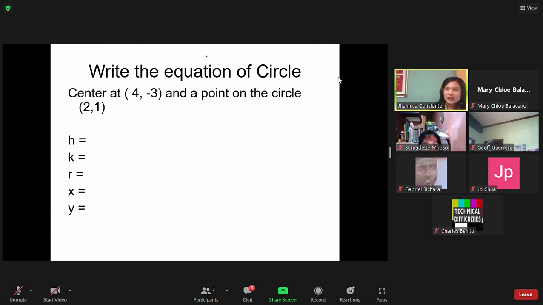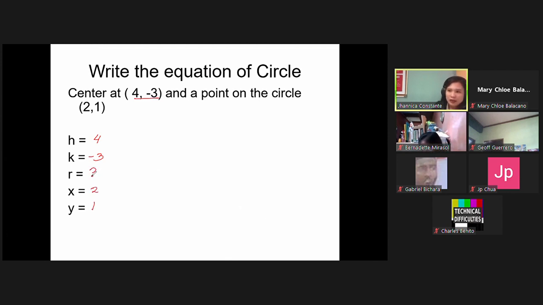So h and k are the center of our circle. We have for h, which is +4, and k, -3. Any point on the circle, which is 2 and 1, is the value of your x and y. So you have +2 for your x and +1 for our y.